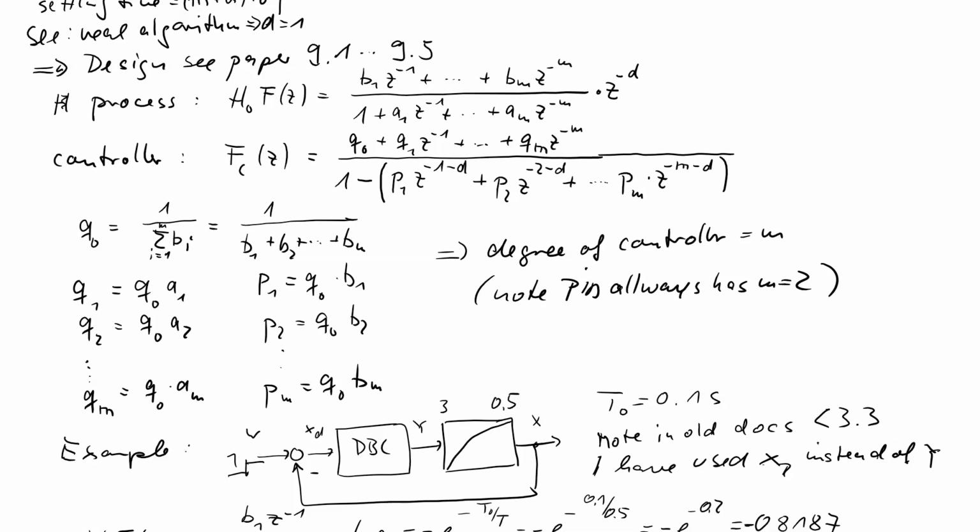This z to the power of minus d could also be a part of the controller. In the numerator we have a delay, independent of whether this is a process or the controller, and then in the denominator of the controller we now have to change the z to the power of minus 1 to z to the power of minus 1 minus d, in our case minus 1, this is minus 2. So the p1 now is multiplied with z to the power of minus 2.